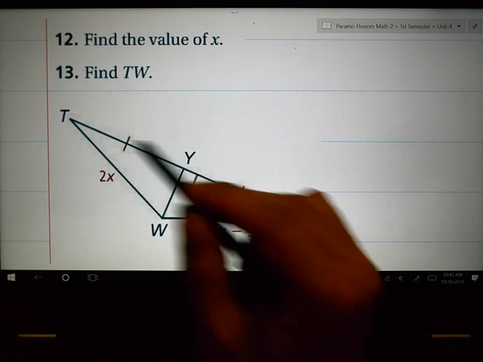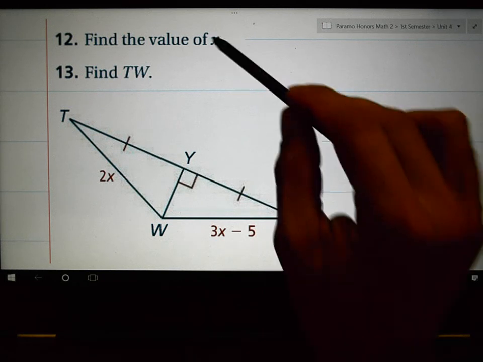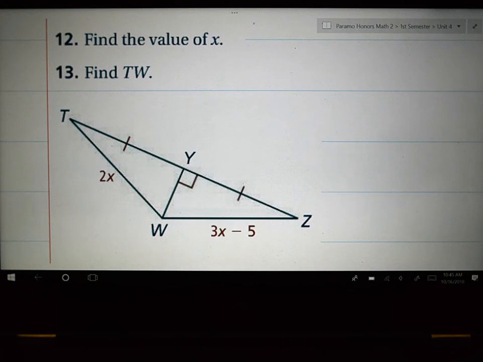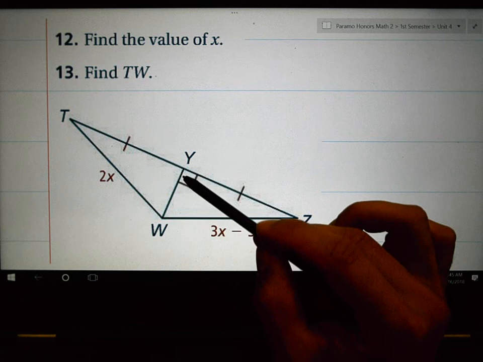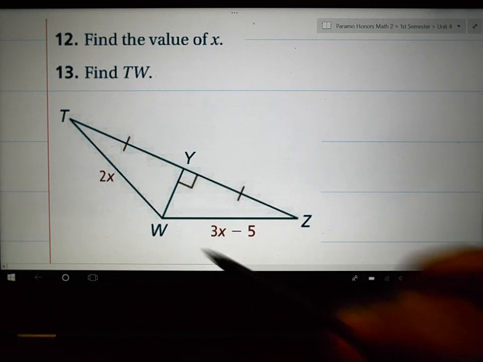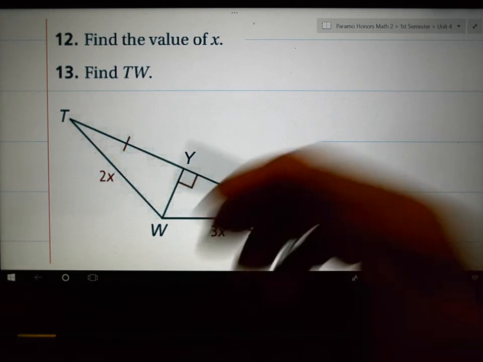When I look at this, it asks you to find x, it asks you to find TW, but before we even do that, I hope you know what this is. What is YW? If you know what YW is, say it out loud. What word is it?